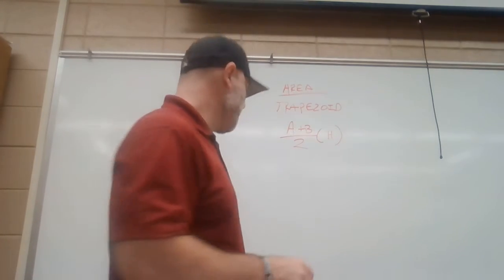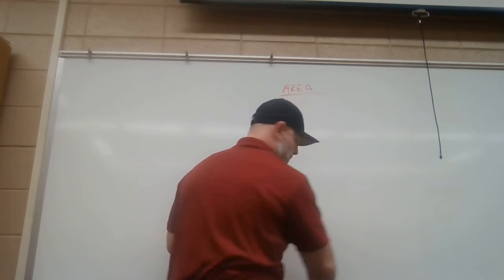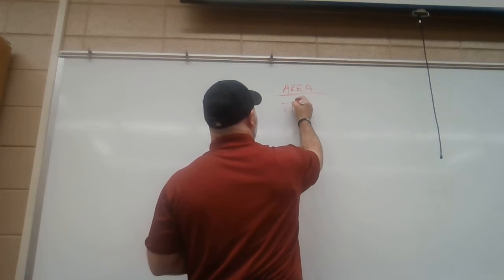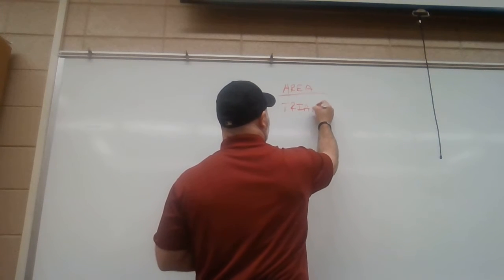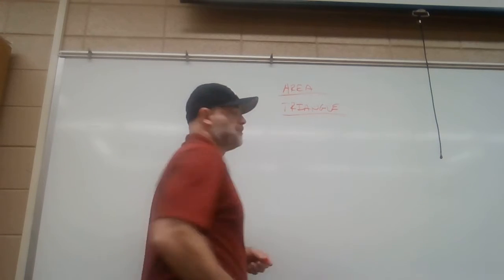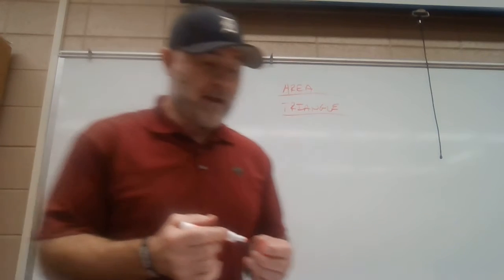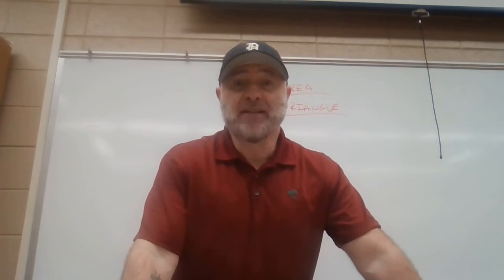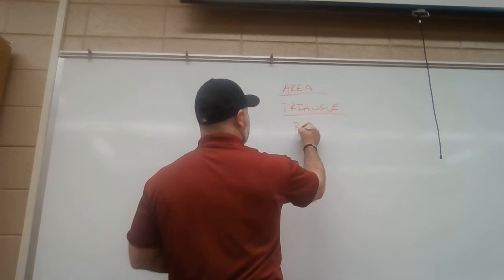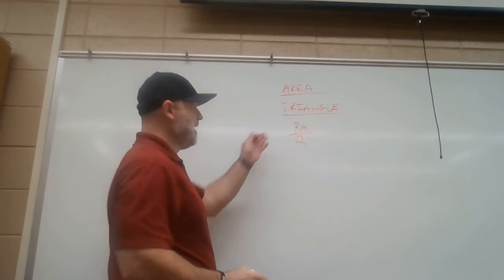The next one is a triangle, and triangle is pretty simple. It's base and height, or base times height divided by 2. Base times height divided by 2.